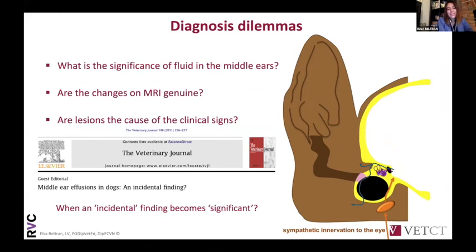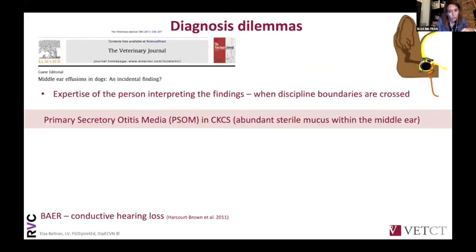Interestingly, when we talk about the middle ear, as we said before, pure middle ear effusion is not really the cause of vestibular signs, but it's important to consider that we may find an incidental finding that may become significant, so we cannot totally ignore it.